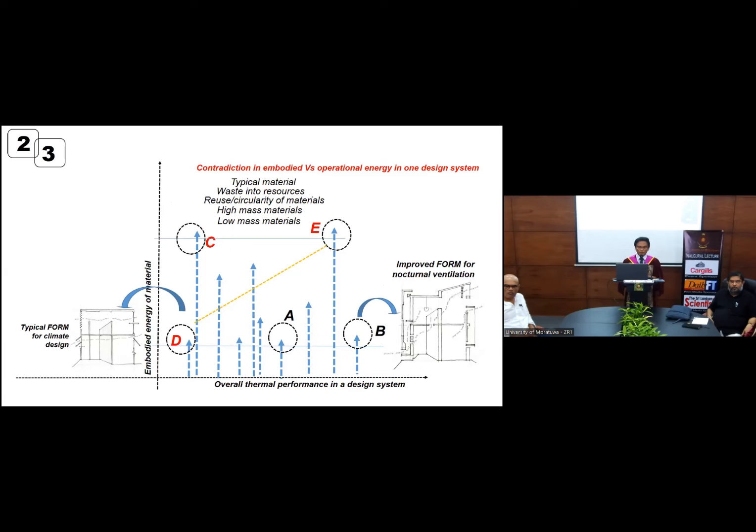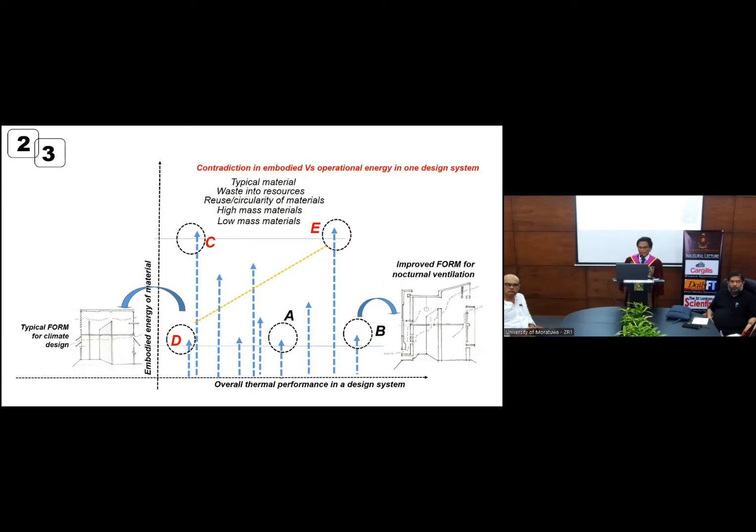For example, if you take material D, it has very low embodied energy, but it is applied in a wrong architectural space, that is, a completely sealed environment. Therefore, its thermal performance is very poor.